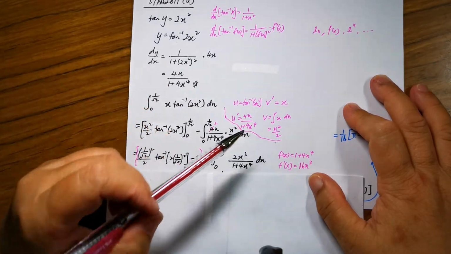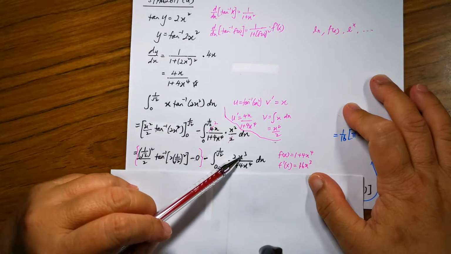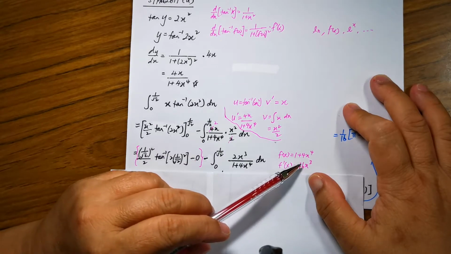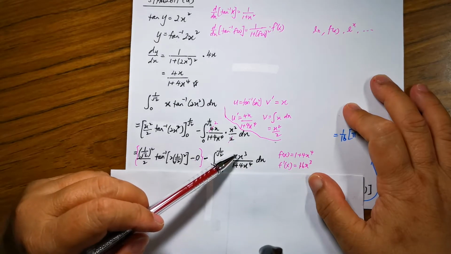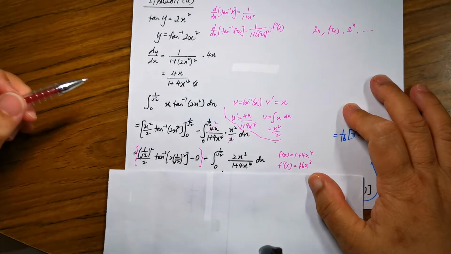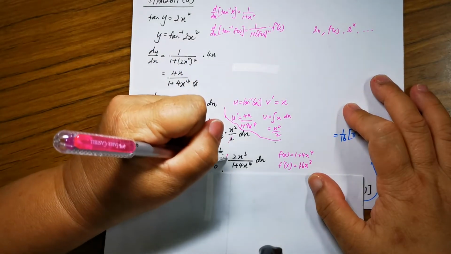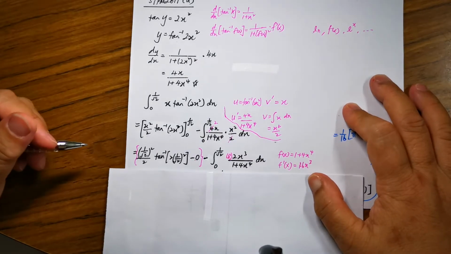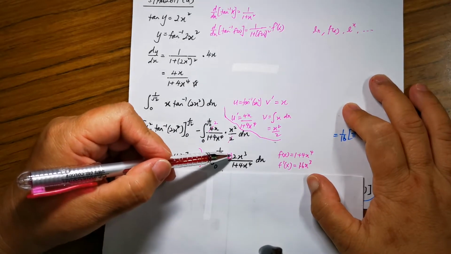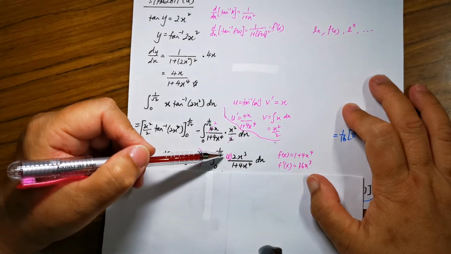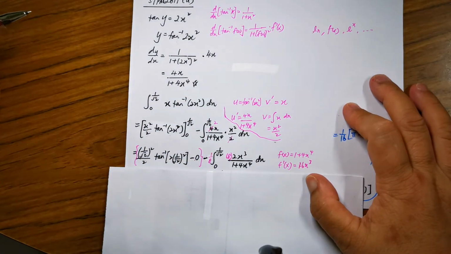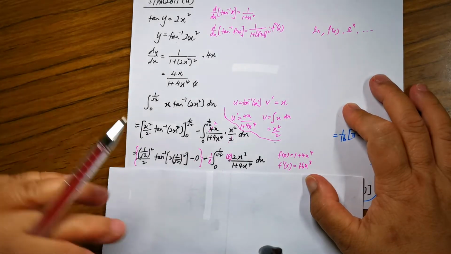Just now from here I get 2x cubed only, but if you want to use the form f prime x over fx, your f prime x is 16x cubed, but I only have 2x cubed. So how am I going to get my 16? Yes, I multiply 8. Remember, only can multiply number, cannot multiply variable. So if I multiply 8 here, I have 16. Again, cannot suddenly sub in 8, right? Yes, I put 1 over 8 outside. Okay. So now this is in the form f prime x over fx.